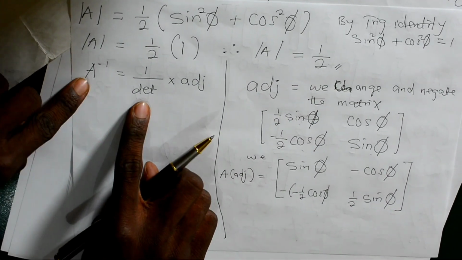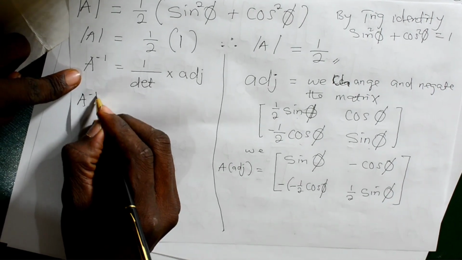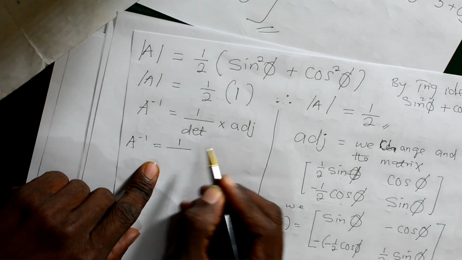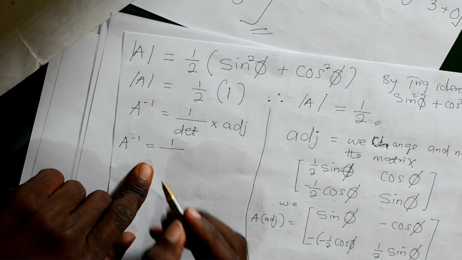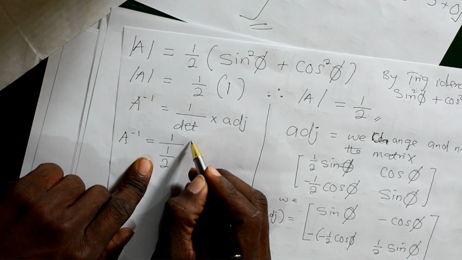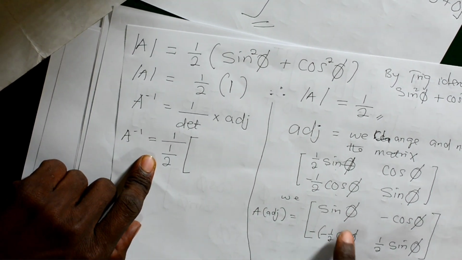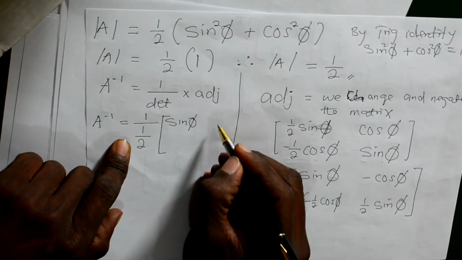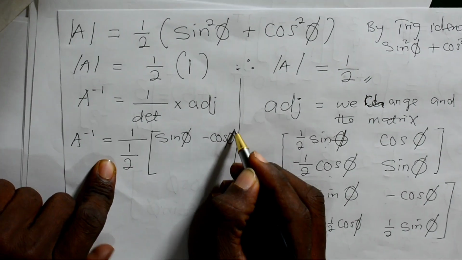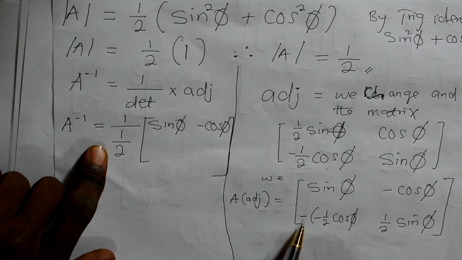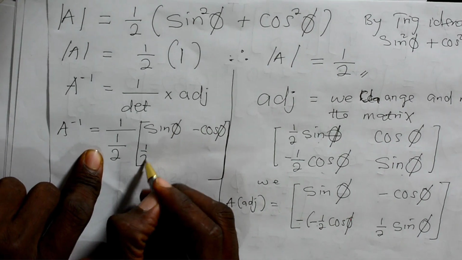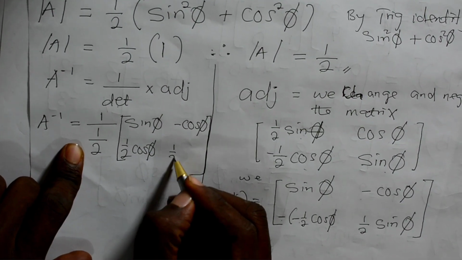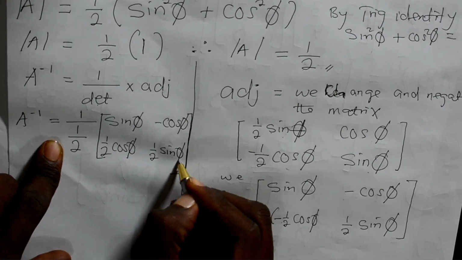So now we are to find A inverse, which is equal to, we have our determinant, 1 all over 1 all over 2 times the adjoint. This is the adjoint. Then sin psi, minus cos psi, then minus times minus, that is 1 all over 2 cos psi, then 1 all over 2 sin psi.